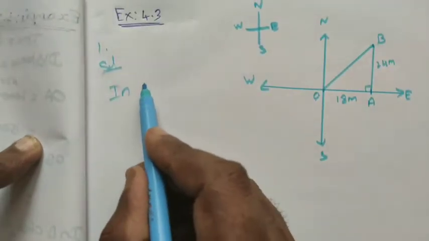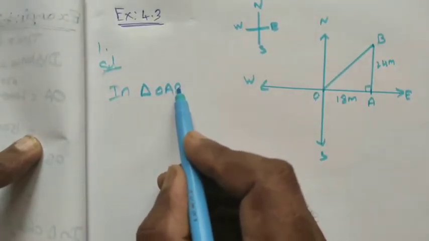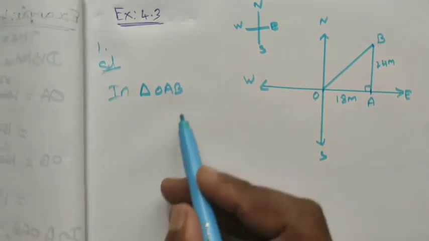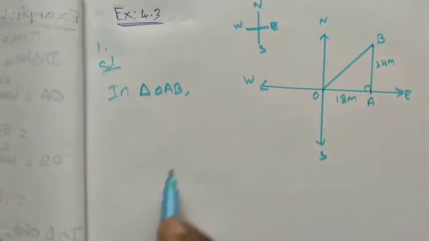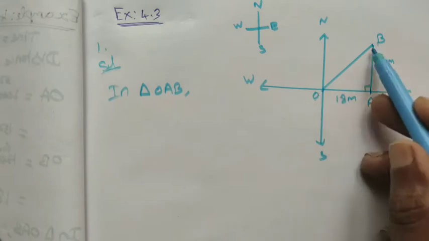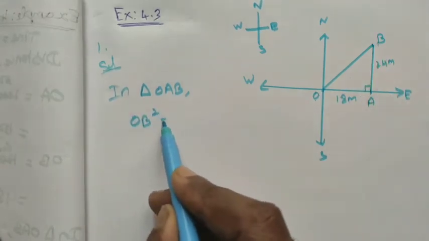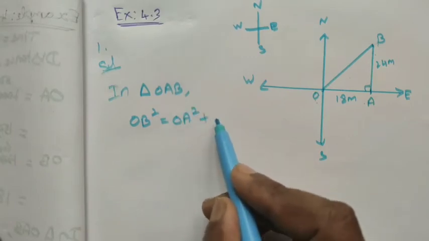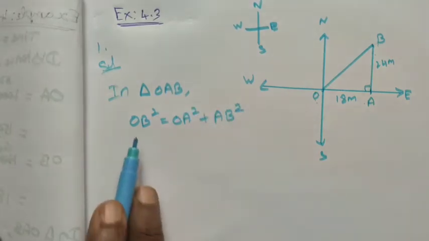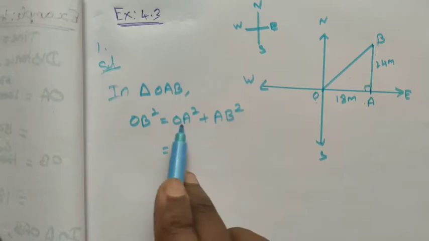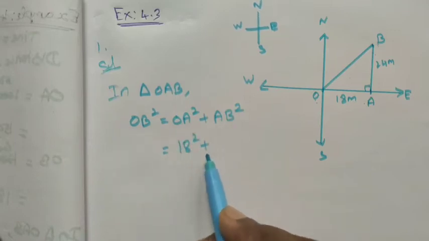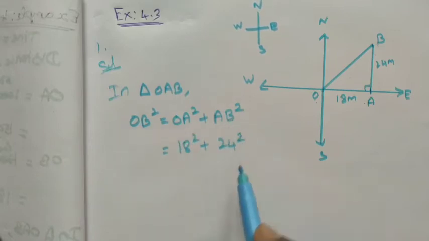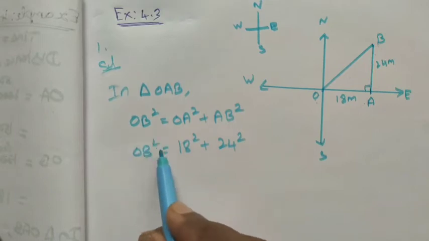In right angle triangle OAB, we can apply the formula of Pythagoras theorem, that is longest side OB square is equal to OA square plus AB square. We want to find out OB only, right? Then OA square is equal to 18 square plus AB is equal to 24 square, that is equal to OB square.